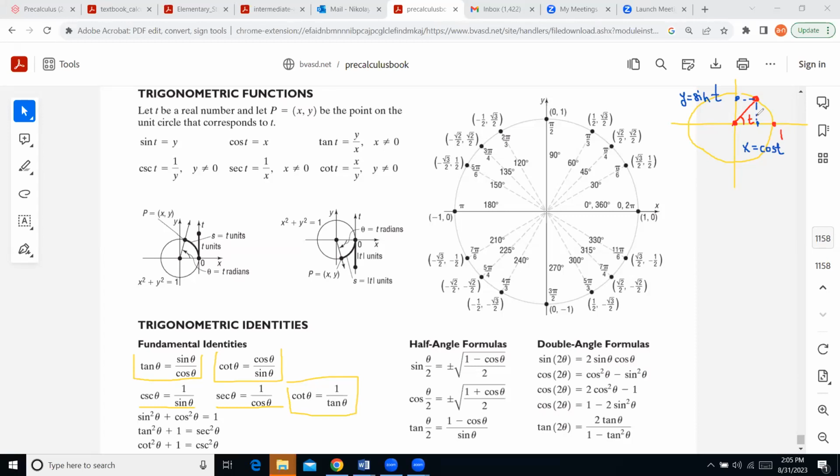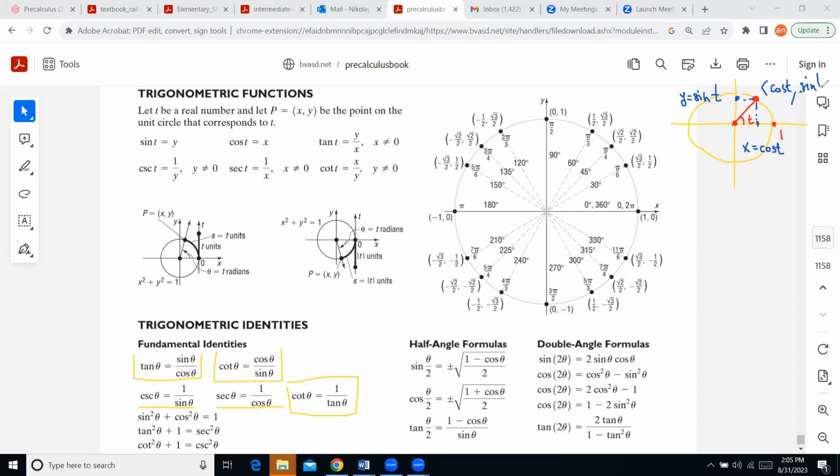But if you know the definition that a logarithm is a power, that's it: I need to raise the base to get the number. So what is sine? Y coordinate. What is cosine? X coordinate of the point on the unit circle. You can always treat it as a pair, cosine t for x and sine t for y.